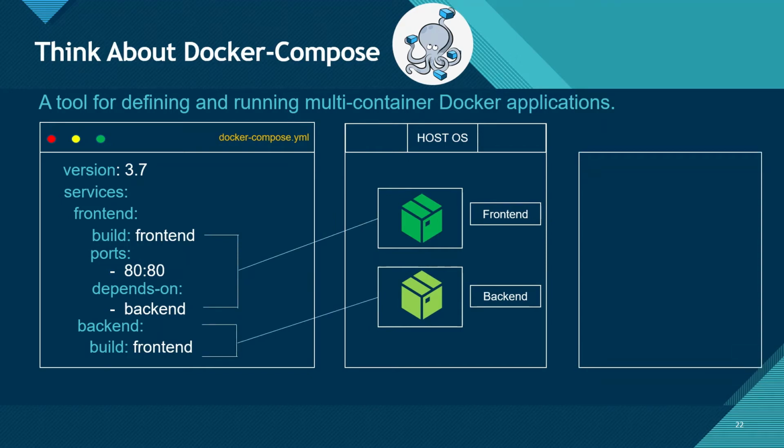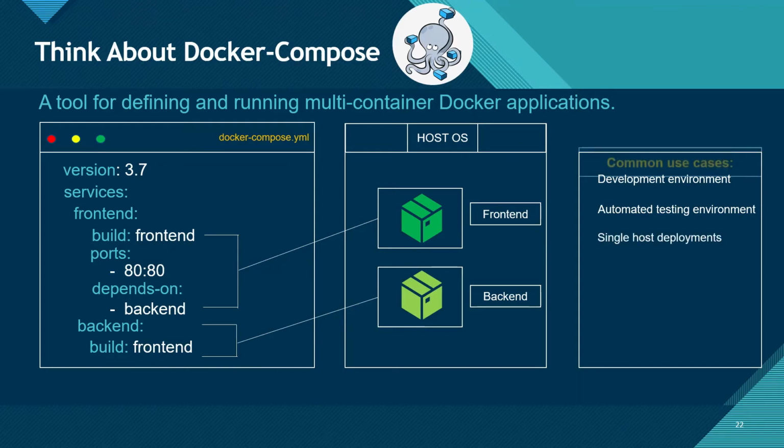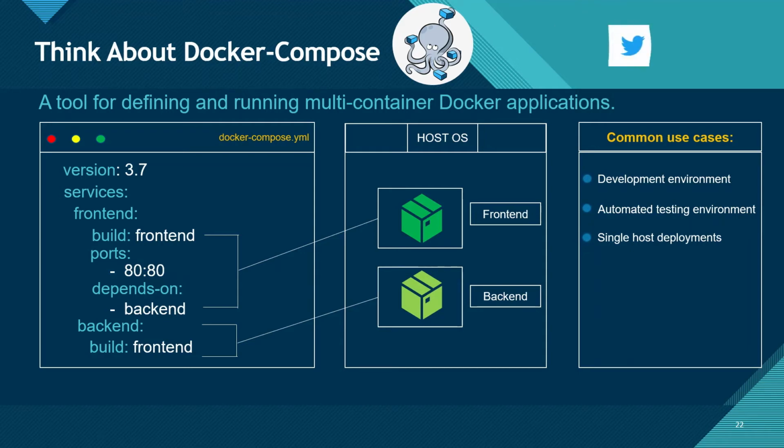So Docker Compose really helps you in setting up a deployment and development environment if you want to automate your testing on different environments, and it's a single host deployment.